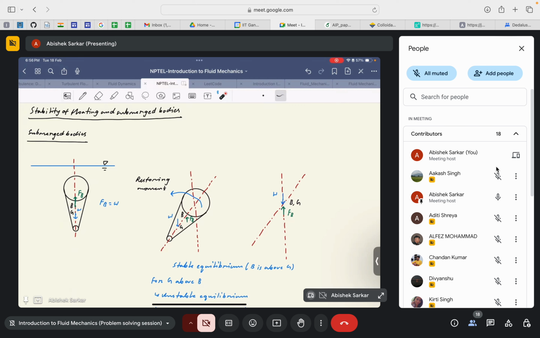It basically means that if you displace the body through an angular displacement, say theta, and the body is unstable, then theta will tend to increase and the body will fall down, right?